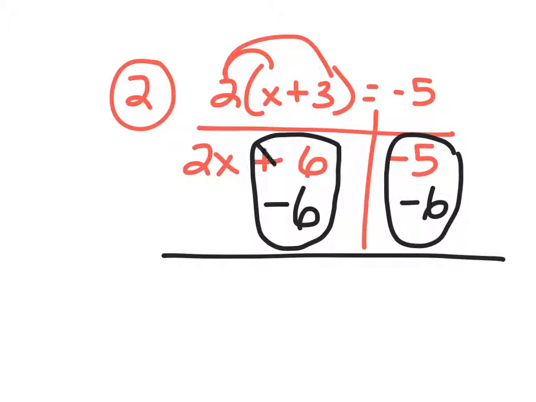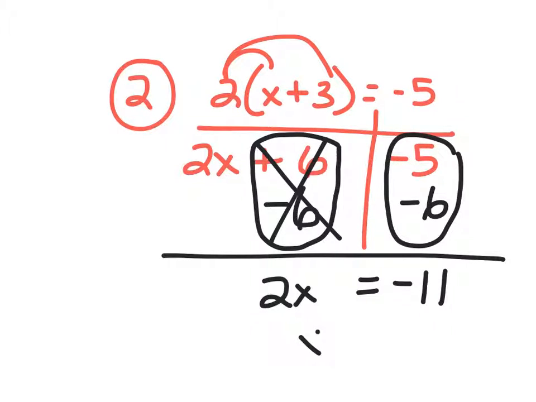I'm going to go ahead and cross this out because that totals 0. And I'm left with 2 pouches that equal a negative 5 and a negative 6, which is a negative 11. Divide by 2 on both sides, and I get a negative 5.5.